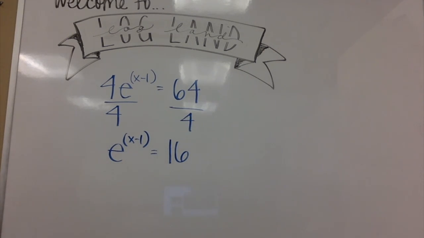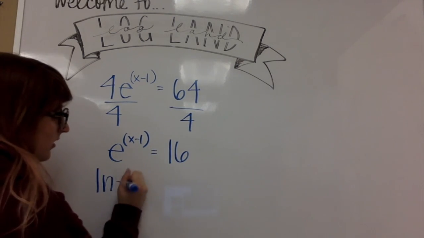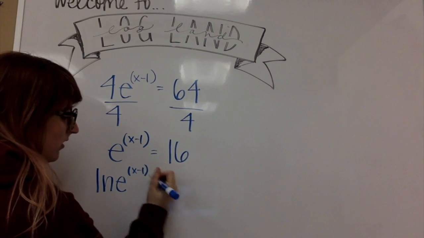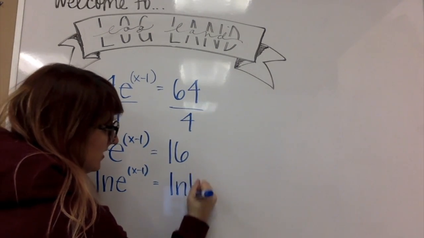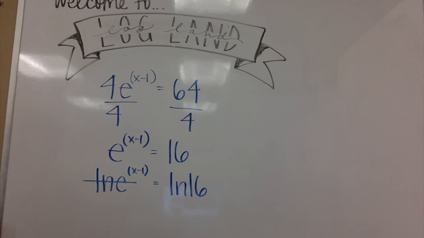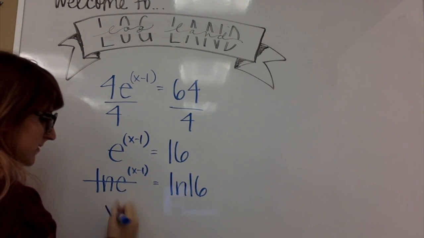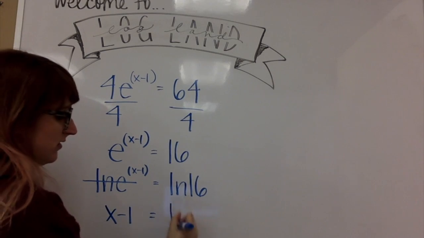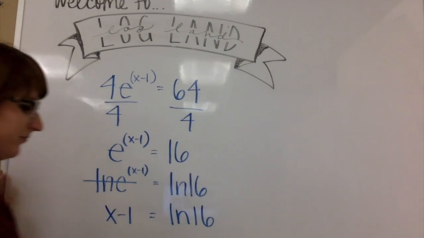Next, what I'm going to do is I'm going to then take the natural log of both sides. When I do that, the ln and the e will cancel right out, and then I'll just have this exponent. So x minus 1 equals the natural log of 16.